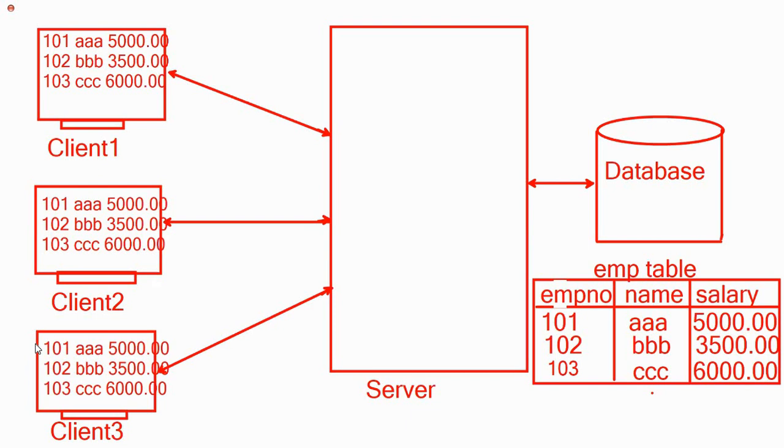That is Java, this is the database. Now from client 1, I'll send one SQL query to the database through the server. Select star from EMP, I'll send. Then this total data comes. This is the result set. Again, client 2 also will send, client 2 will get, client 3 will get.